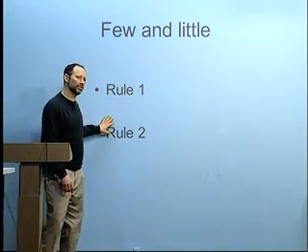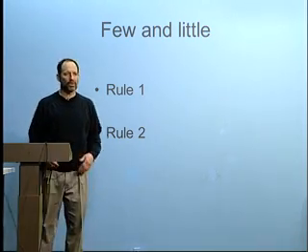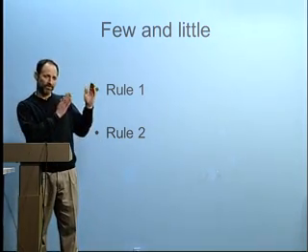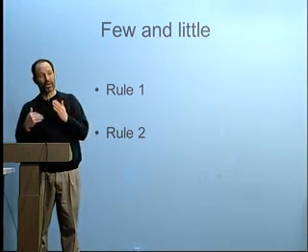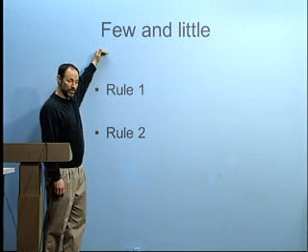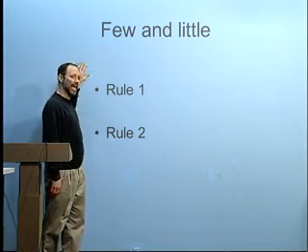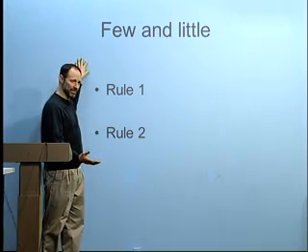And then rule 2 was the more difficult one, where we had to decide, do we use few with no article or a few with an article? And we said few, when there's no article, gives a negative idea, or not enough. And a few gives more of a positive idea.